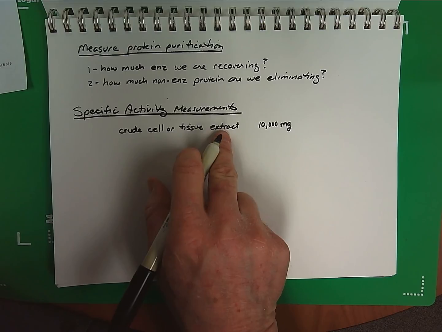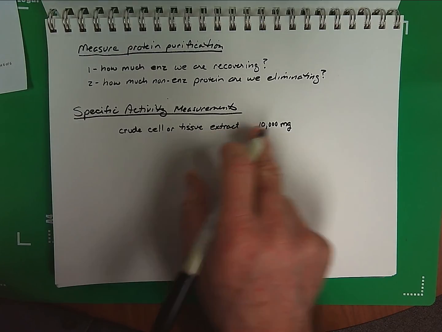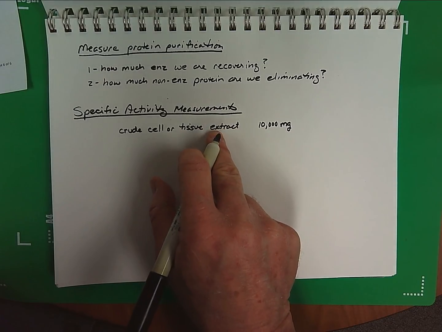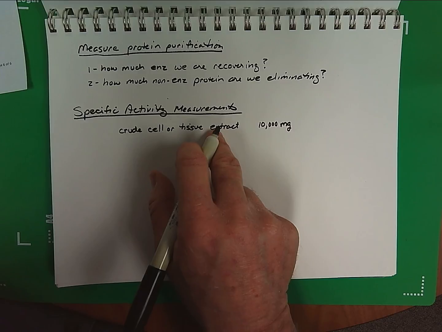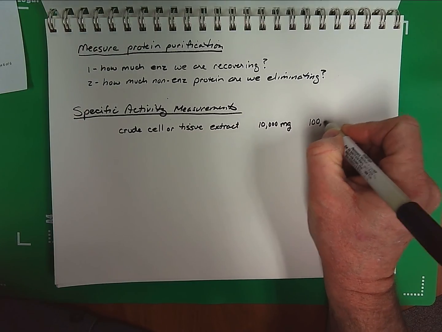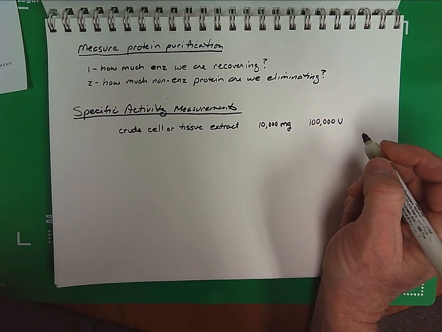Now in this extract is our enzyme. So we can measure the enzyme by mixing the specific substrate with the enzyme and measure product formation. Let's say that we have, in this initial extract, 100,000 units of enzyme activity.